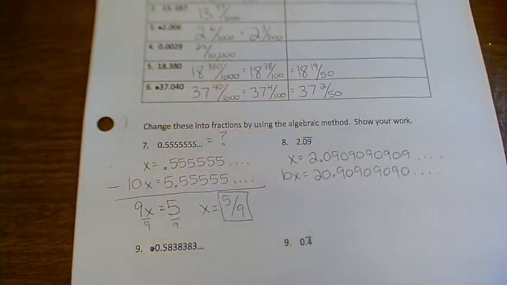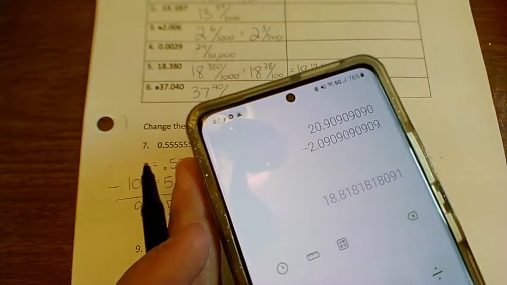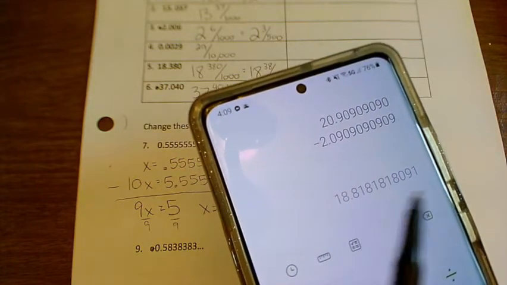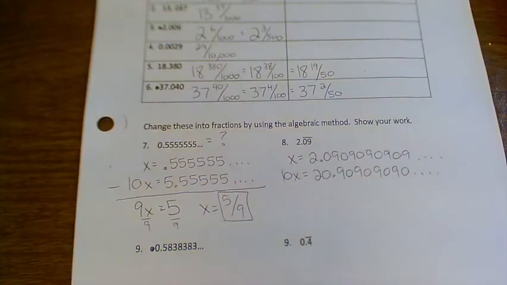Let me just show you. 20.909090 minus 2.0909090909. If we subtract right now, we still have a decimal left. So subtracting these two is not going to help us in any way. So we have to keep going.